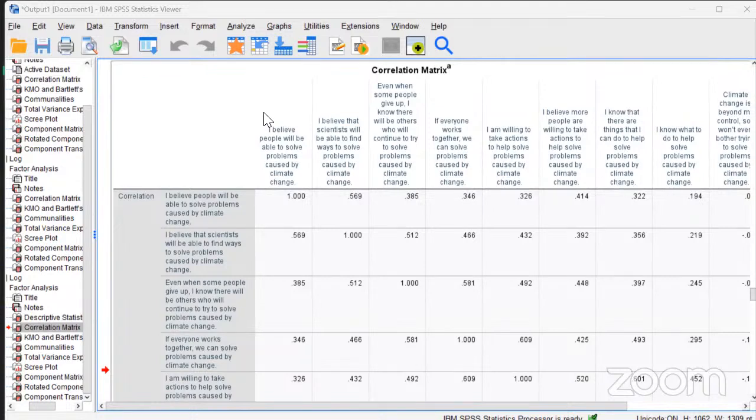What does it mean? That means maybe my sample is not adequately representative of my questionnaire. One possibility is that my sample may not understand my questionnaire.